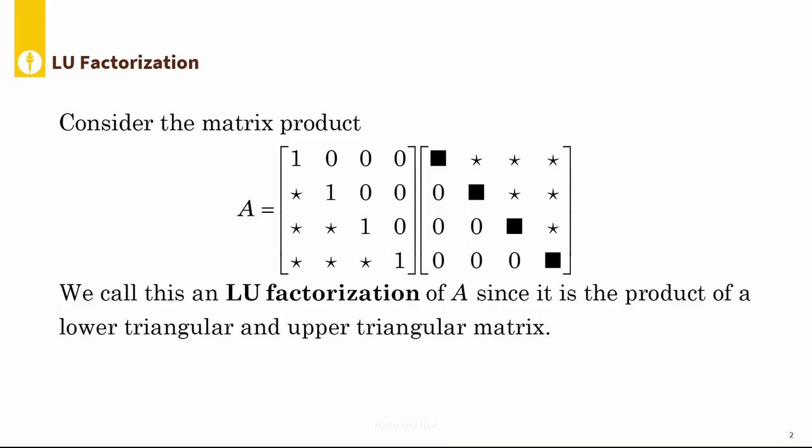Each of those four squares along the main diagonal of the upper triangular matrix are non-zero real numbers. They don't have to be ones.